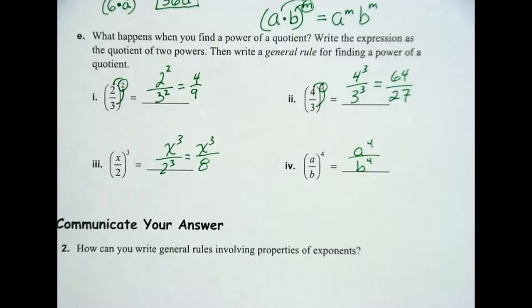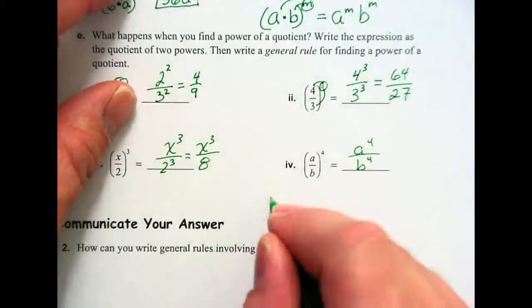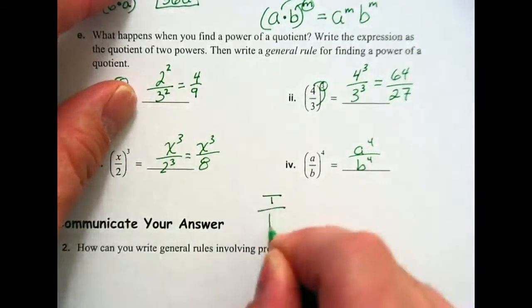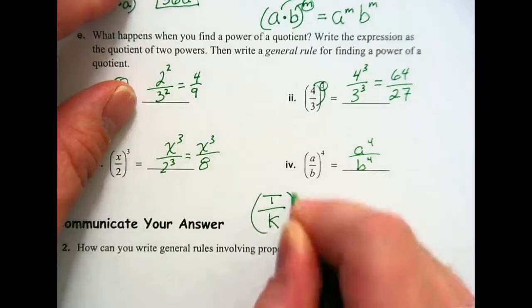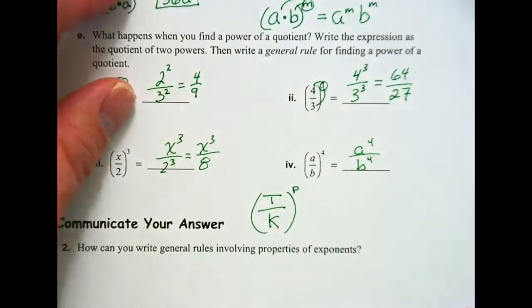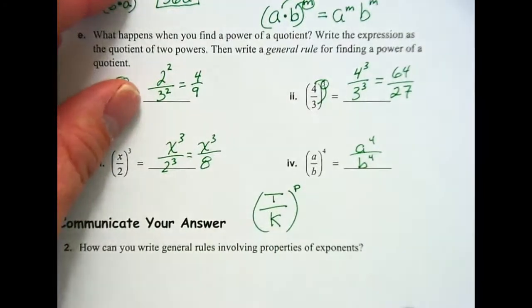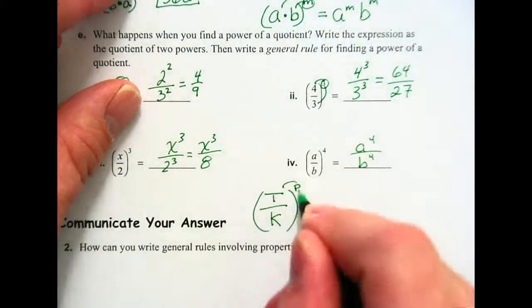Toki, what are your initials? TP. I know, but what's the middle initial? K. TPK? TKP? So if we use Toki's initials. Nice. Pretty cool, huh? You gotta tell me how cool it is, Toki.